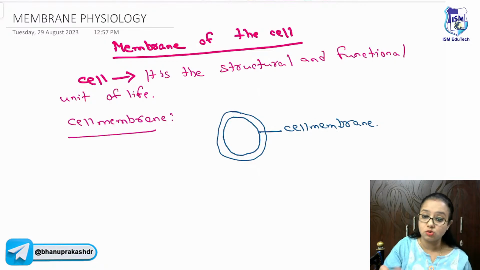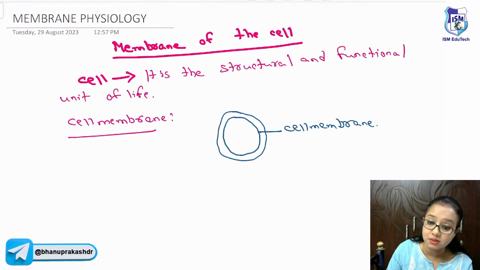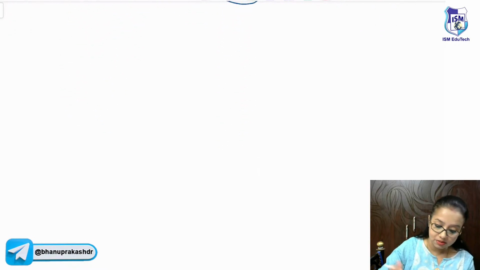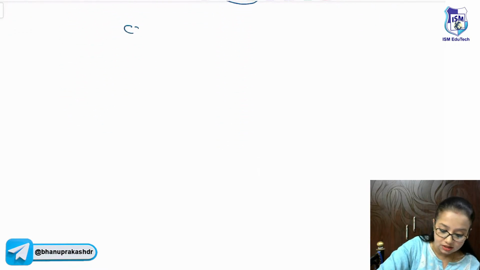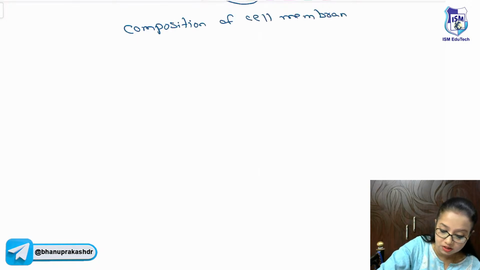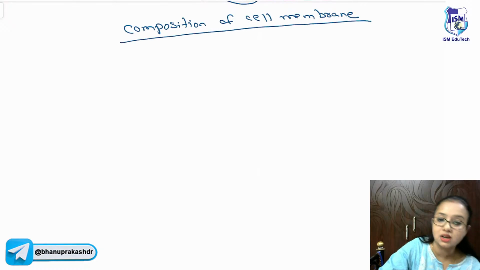It covers the cell not only for its physiological function, but also protects the cell. And it is through the cell membrane that various types of interaction and transportation happen to the cell. So starting with the cell membrane, we have to understand the composition of the cell membrane. That is the first topic that we are going to start with.